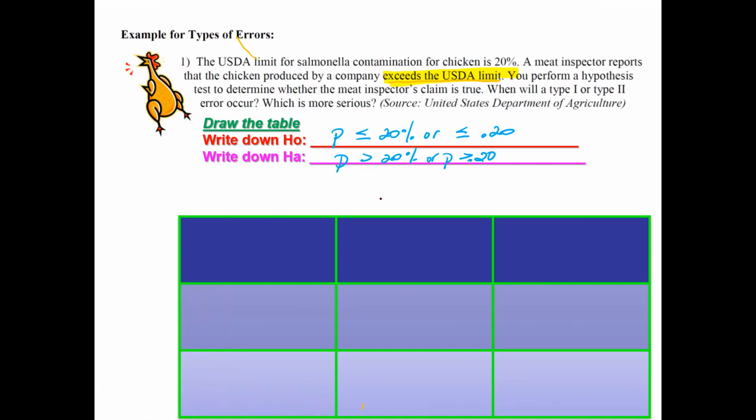Okay, so first I'm going to do, let's say this is less than or equal to 20%, greater than 20%. Then here it is going to be less than or equal to 20%, greater than 20%.